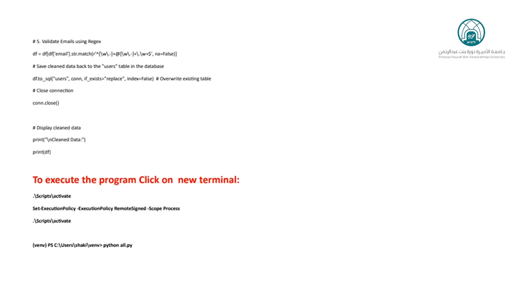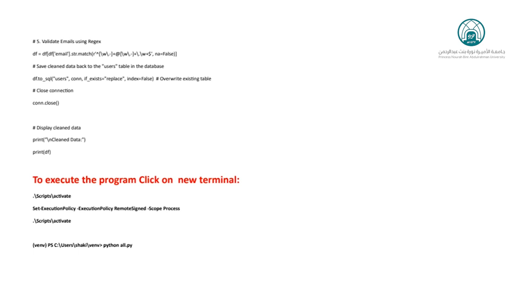So it removes the rows where the email is not in the valid format. Now we finish this. Now the data is cleaned. We already cleaned the data. We are going to save the clean data back to the table users. So what does it mean?